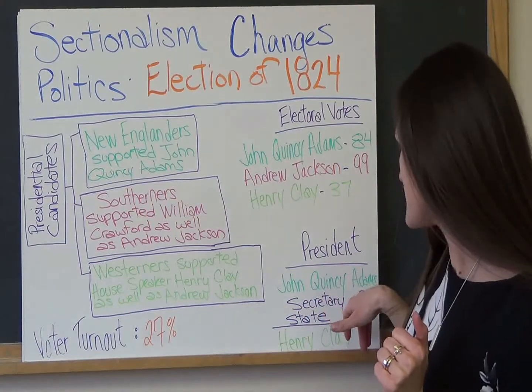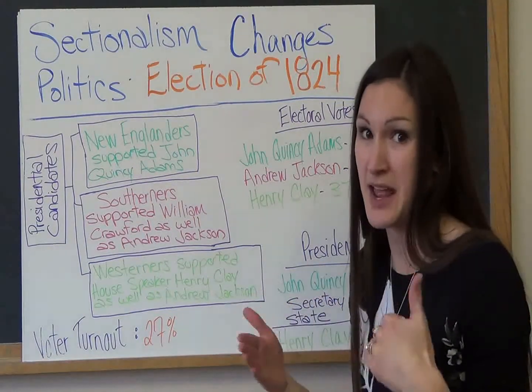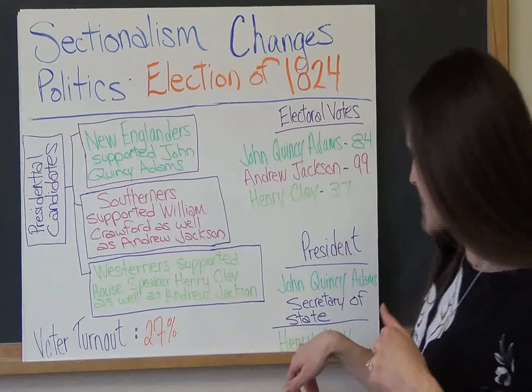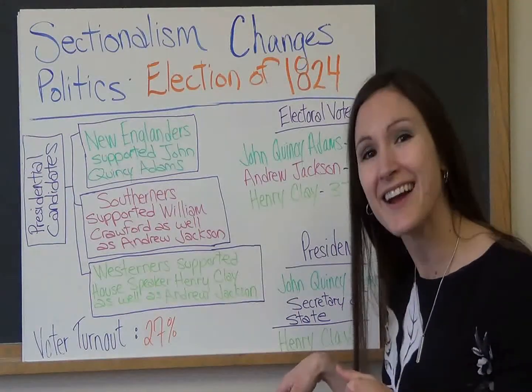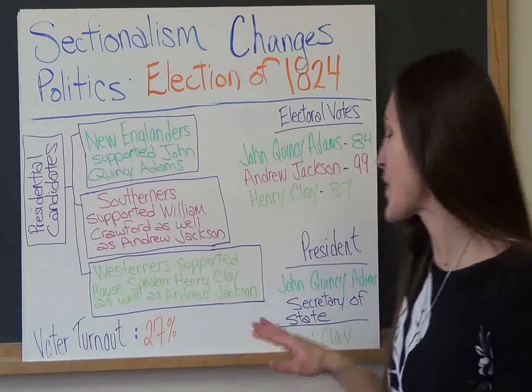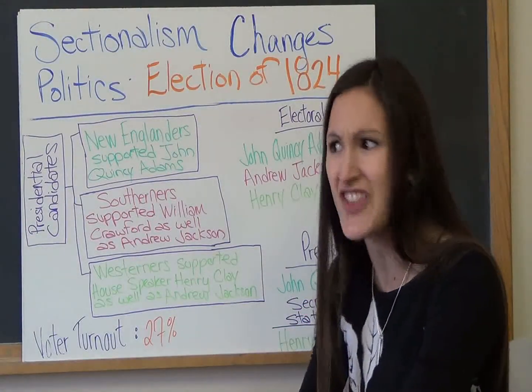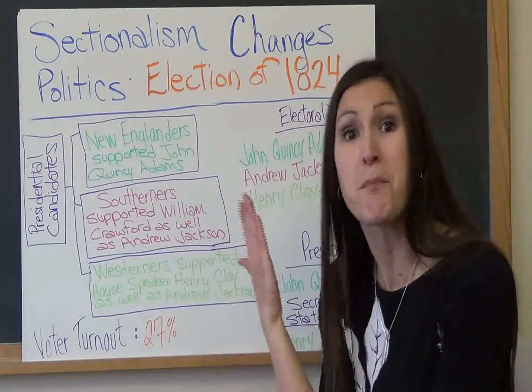John Quincy Adams, like we said, him and Henry Clay did not really get along, yet he named Henry Clay his Secretary of State. So Jackson supporters could not believe this. They were outraged, and they said this was a corrupt bargain.